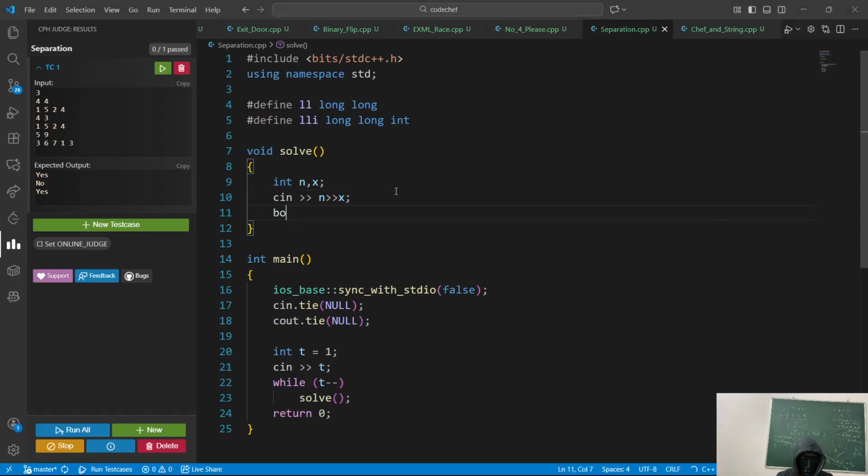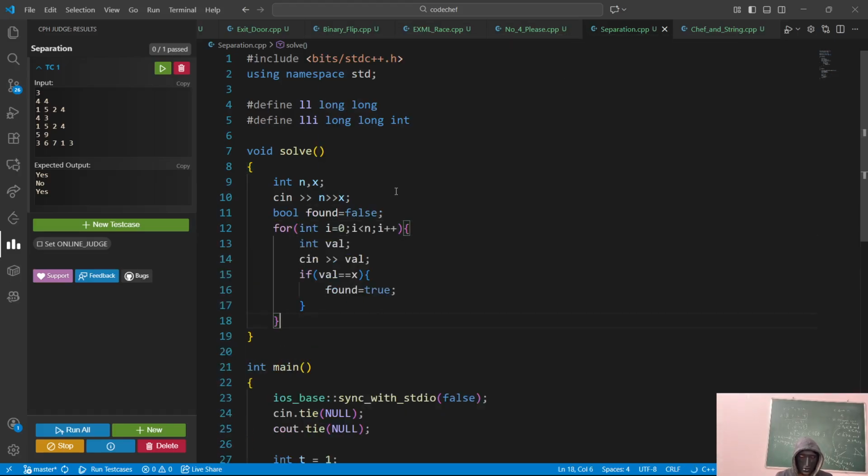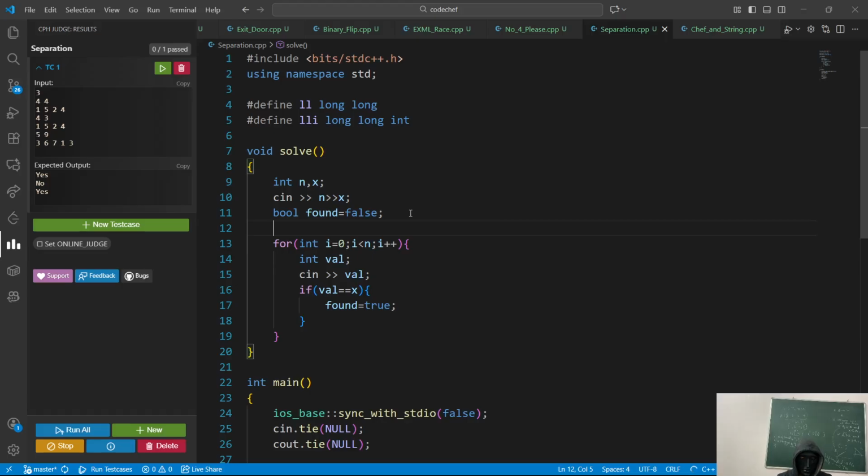So let's take one bool variable found, which is initially false. We will take all the elements one by one, and we are checking if the present element is equal to x, we are making it true, and then we'll find the smallest and largest element as well.